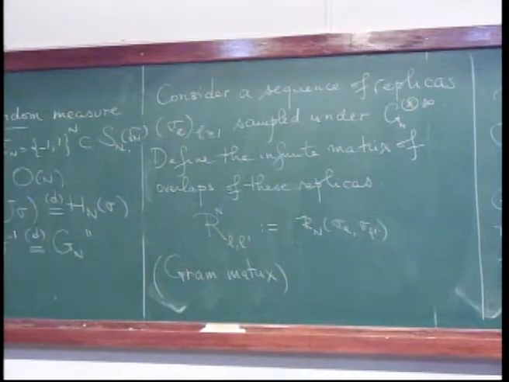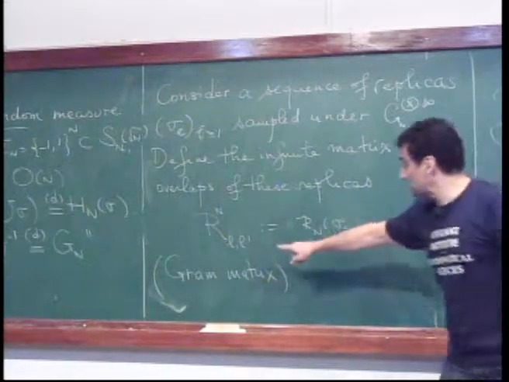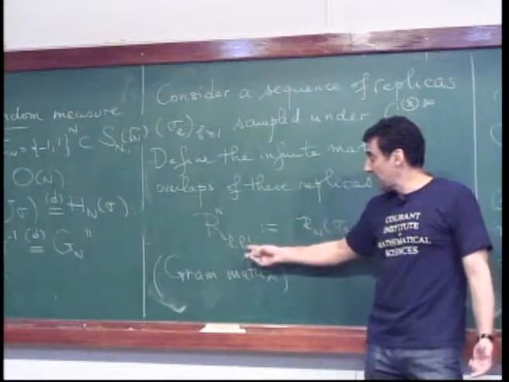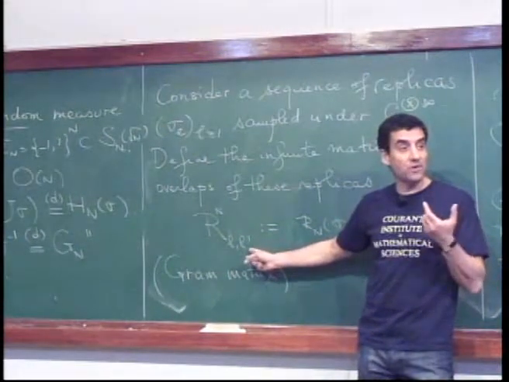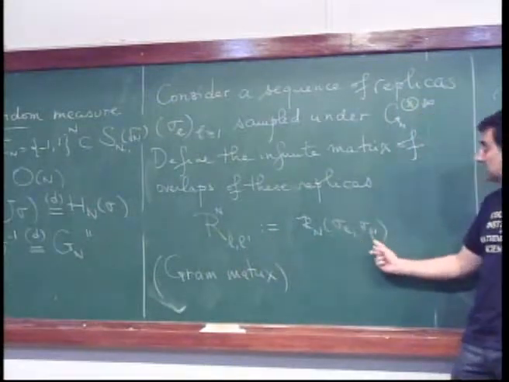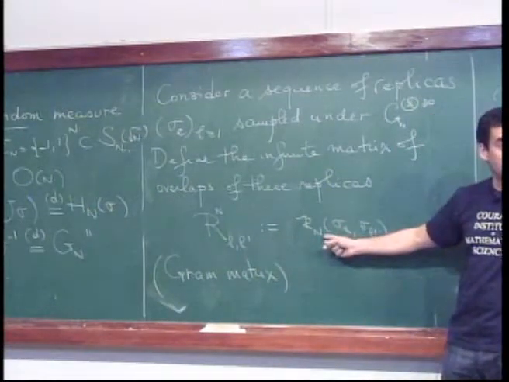Right? So how do I do that? How do I recognize, by just looking at this matrix, not knowing where the points are, that in fact L and L prime correspond to 2 replicas that were the same? It's trivial. If sigma L is sigma L prime, the overlap is 1.